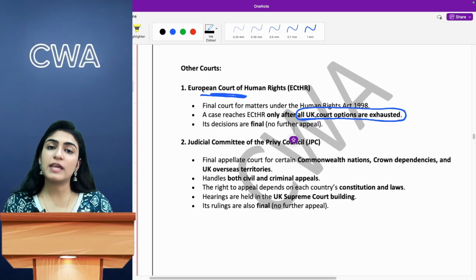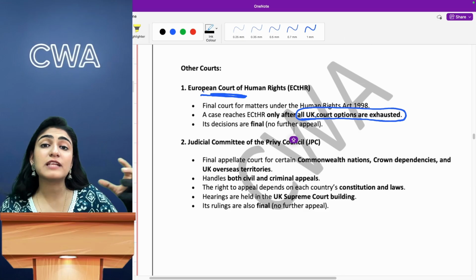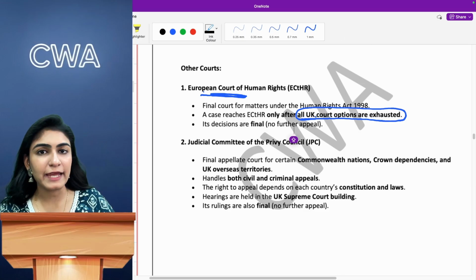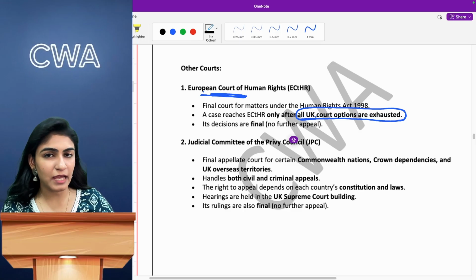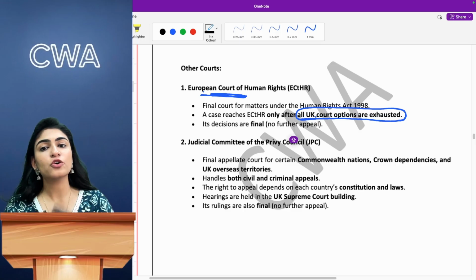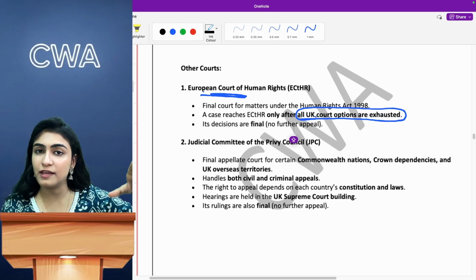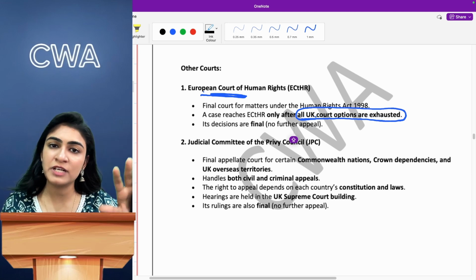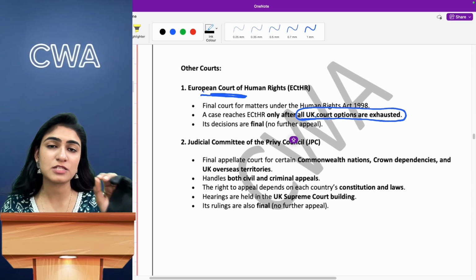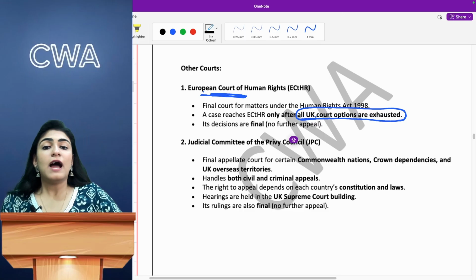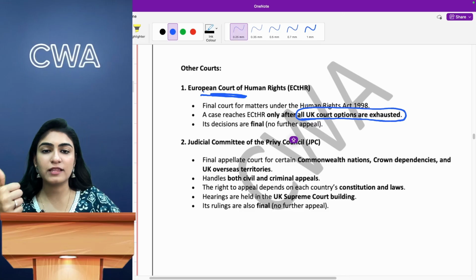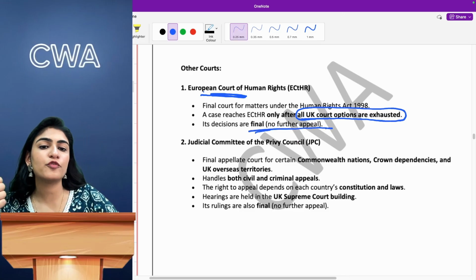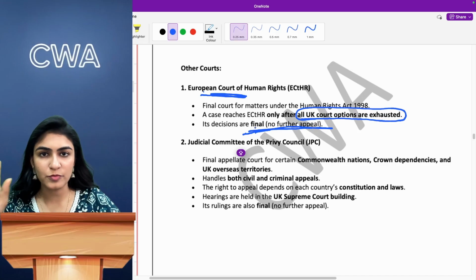However, if your case has a matter that falls under the Human Rights Act 1998, then in such a scenario, even after fighting in the Supreme Court, you can go to the European Court of Human Rights and file a case, and the decision by them is final. No further appeal is possible.